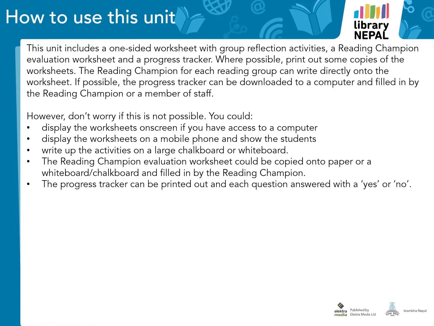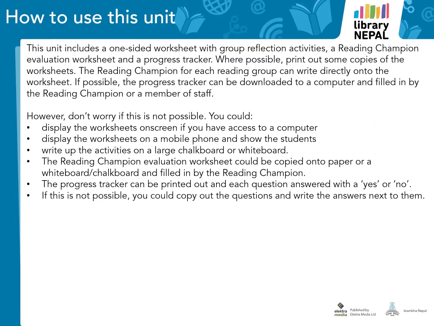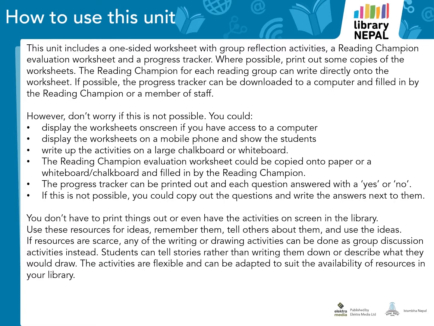The progress tracker can be printed out and each question answered with a yes or no. If this is not possible, you could copy out the questions and write the answers next to them. You don't have to print things out, or even have the activities on screen in the library.